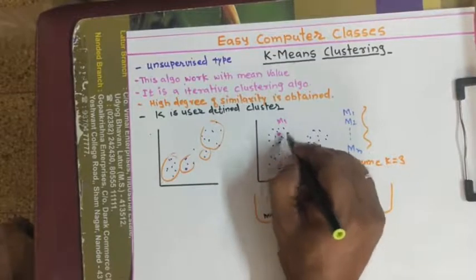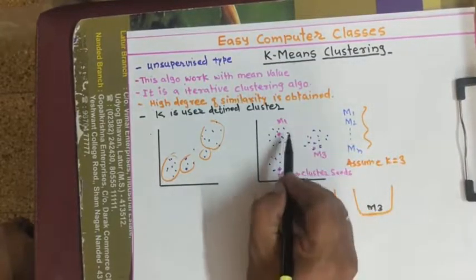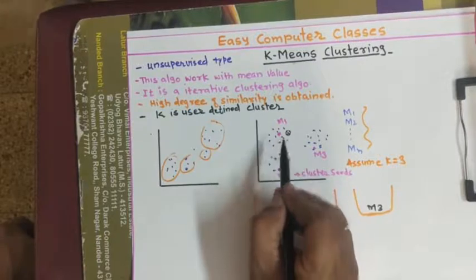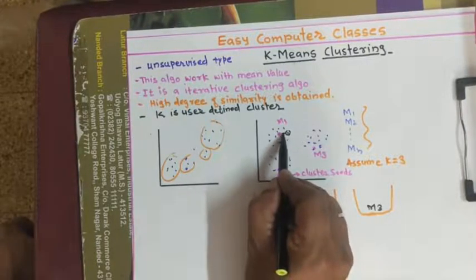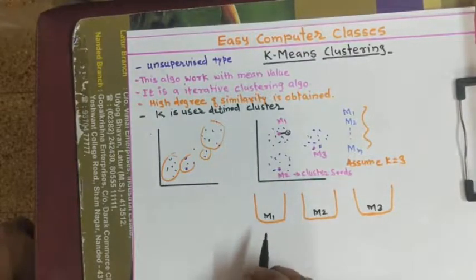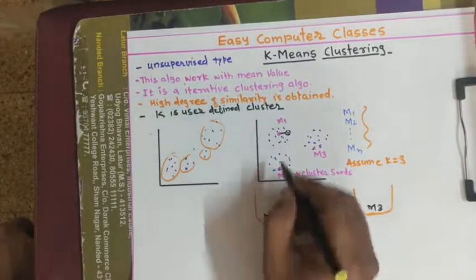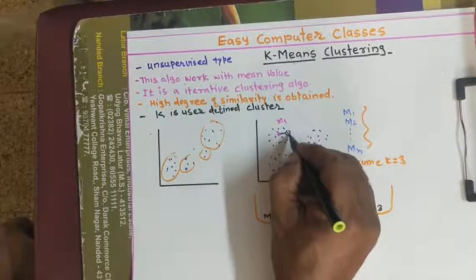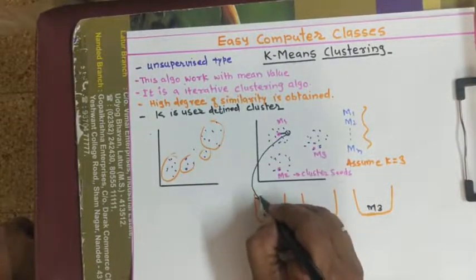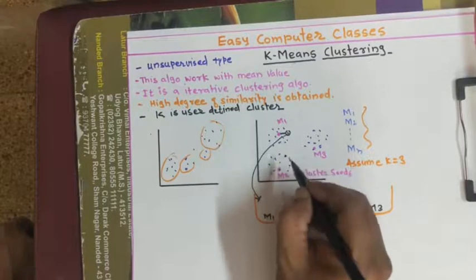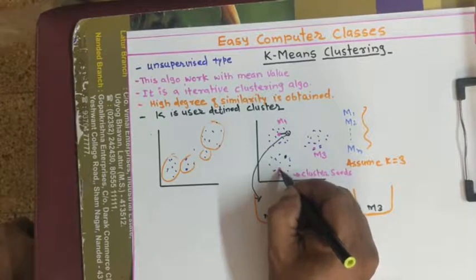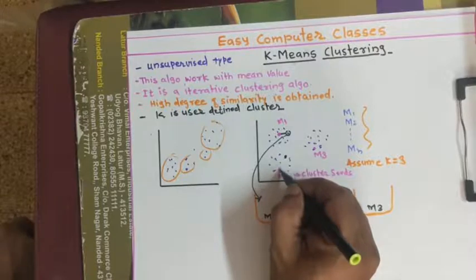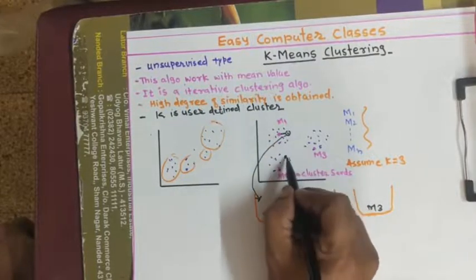Suppose this point has the closest distance to M1, which is a cluster seed, so we place this point into the bean M1. For another point, we calculate its distance to M2 and find out whether it is close to M2, M1 or M3.